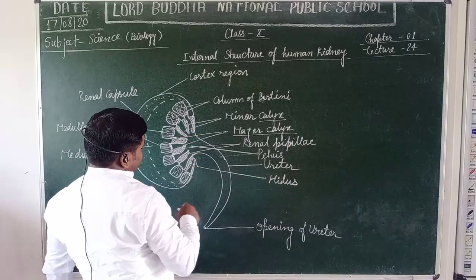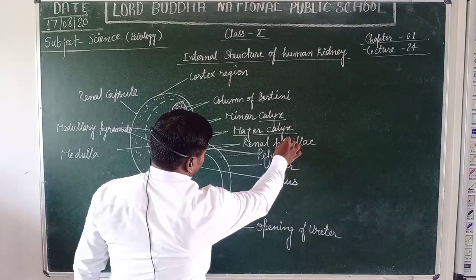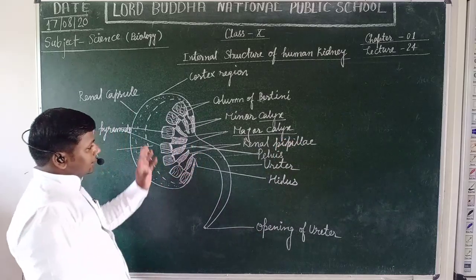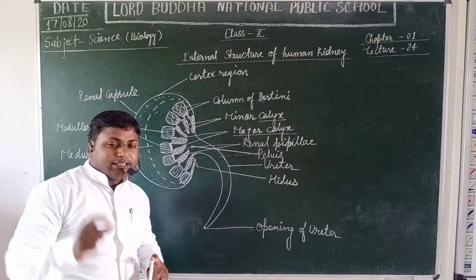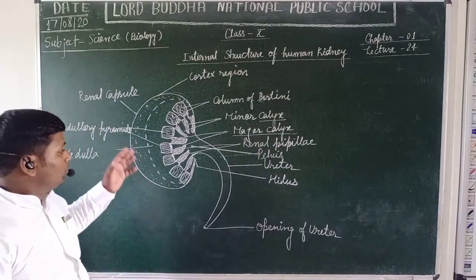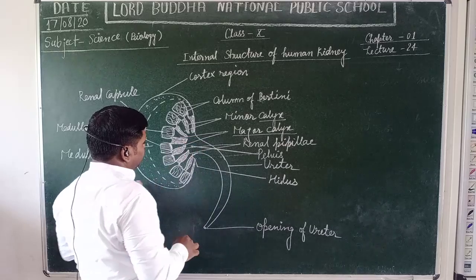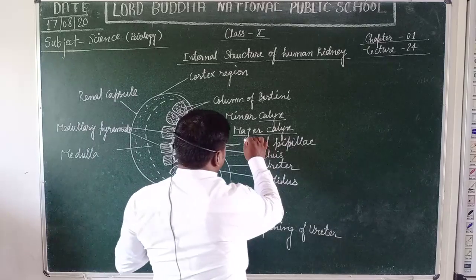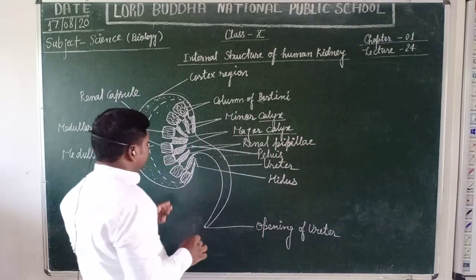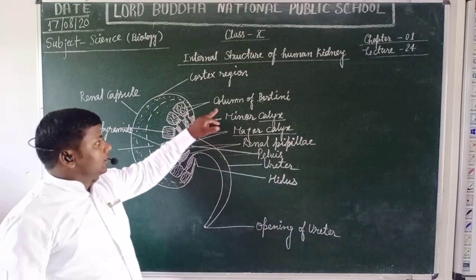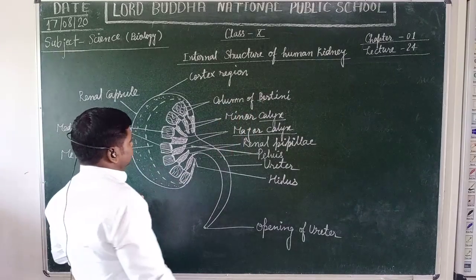Now, the calyces are separated by a papillary wall, that is renal papilla. The papilla contains a dense amount of blood vessels in the form of capillaries that help in carrying the urinated blood inside the column of Bertin or uriniferous tubules.